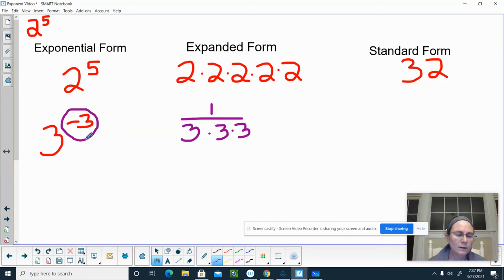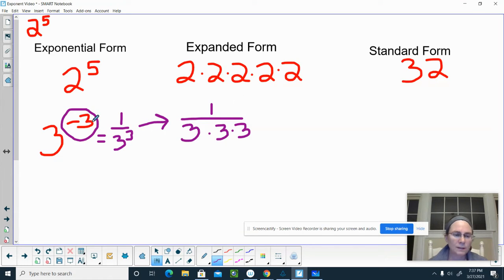You can also think of 3 to the -3rd, and this is still the exponential form. You can rewrite that as 1 over 3 to the positive third power. And then we expand out that denominator.